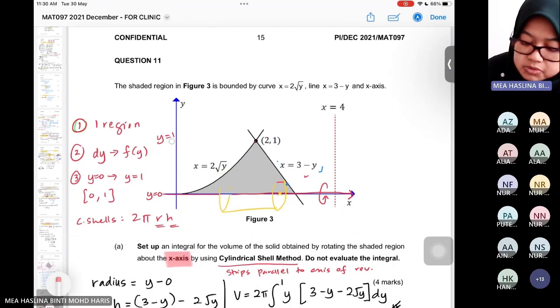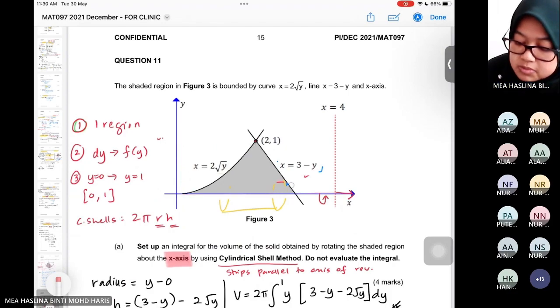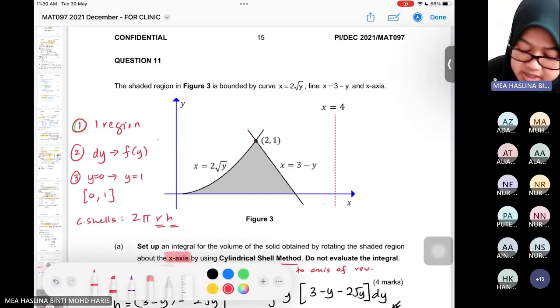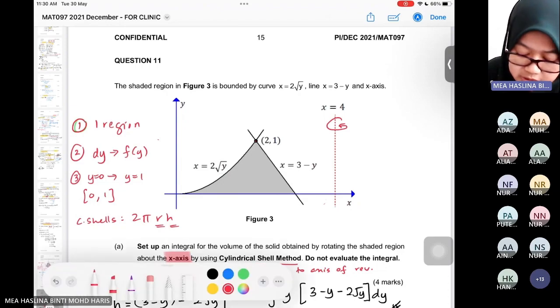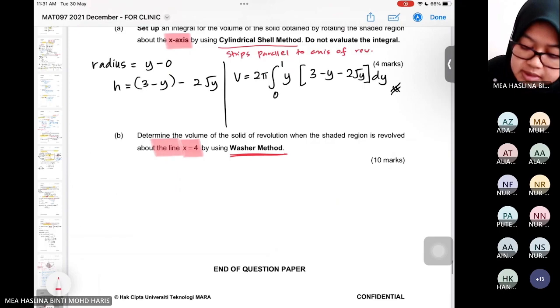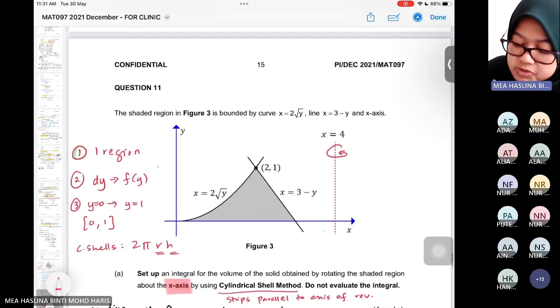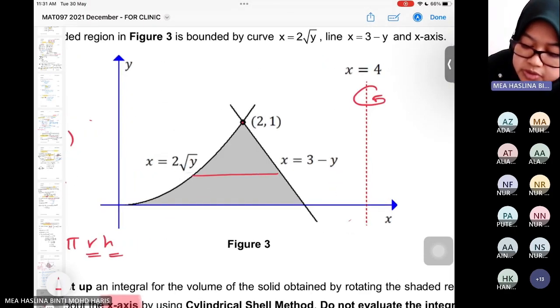Now referring to the axis of revolution at x equal to 4. Okay, and we want the Washer method. So if Washer method, we draw the strip perpendicular to the axis of revolution.